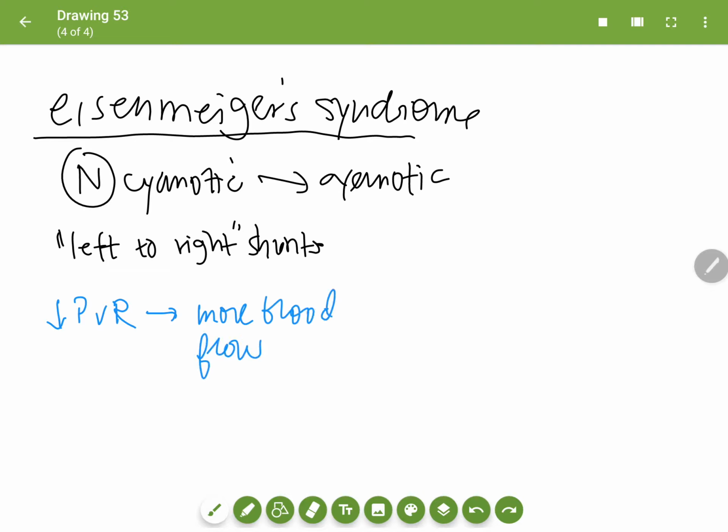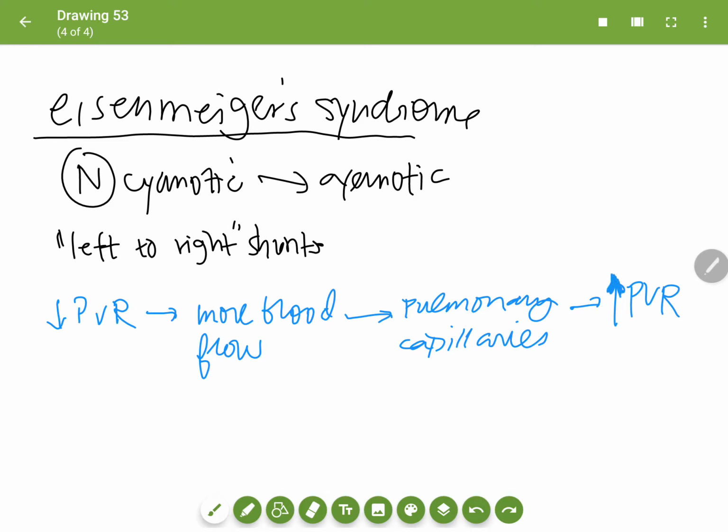But what happens because of the blood flow is the pulmonary capillaries start to become non-compliant. And what do you know? The pulmonary vascular resistance starts to become elevated.